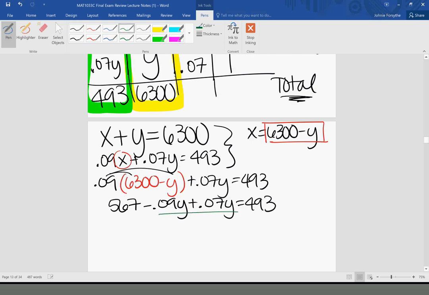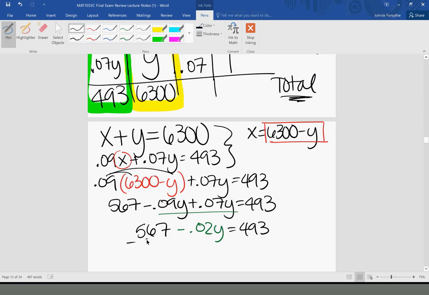Now let's combine like terms. Negative 0.09 plus 0.07 equals negative 0.02y. And I have 567 minus 0.02y equals 493.